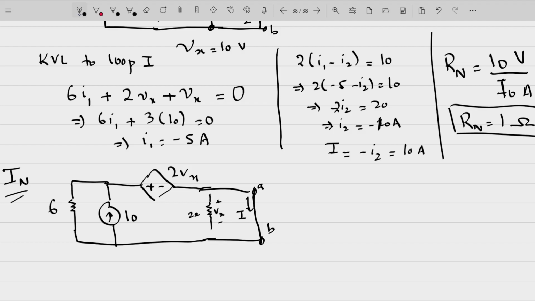Since no current is flowing through the 2 ohm resistance, the voltage Vx will also be equal to 0. So what will be the current I flowing in this resistance? 10 ampere. Fine, no resistance is being offered from here, so all of the current will be flowing in this path. So In you can directly write is equal to 10 amperes.